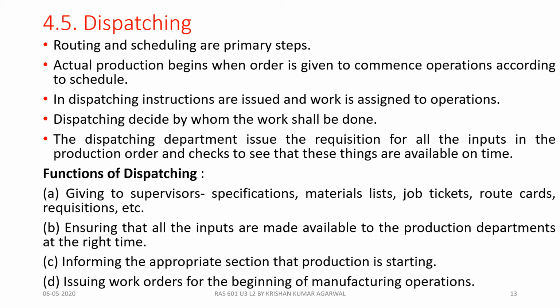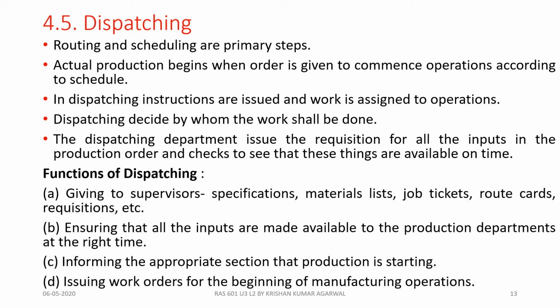The specific functions performed for dispatching are giving permissions to the supervisors in terms of specification, material list, job ticket, route card, requisitions, etc. They also have to ensure that all the inputs are made available to the production departments at the right time, inform the appropriate section that production has started properly, and issue the work order for the beginning of the manufacturing operation.